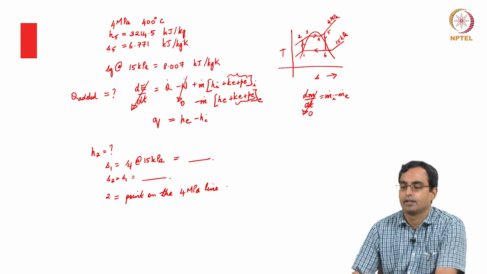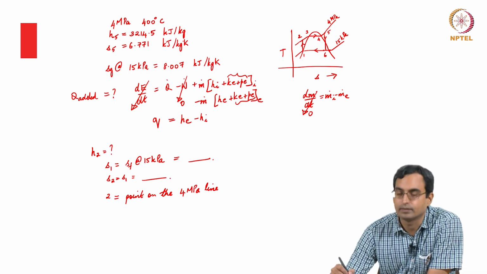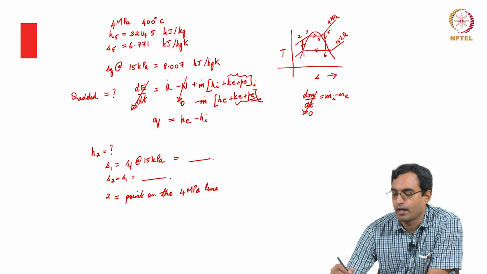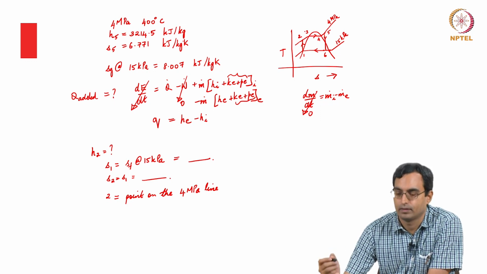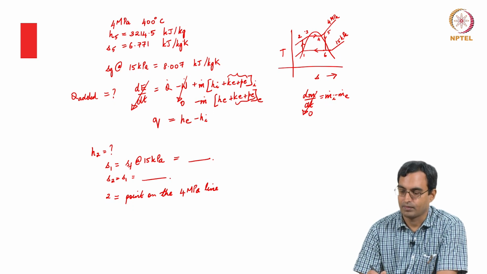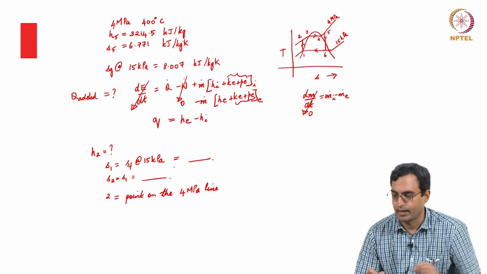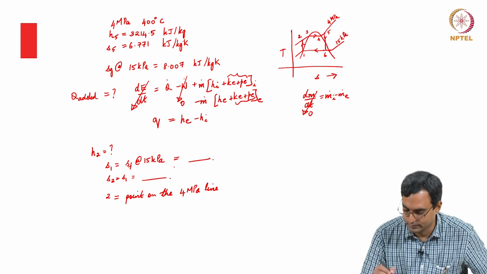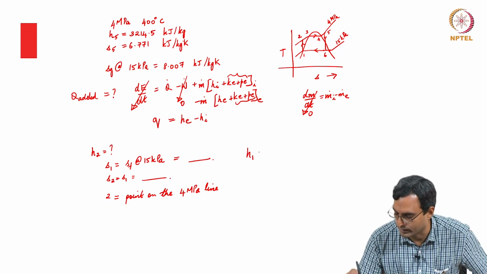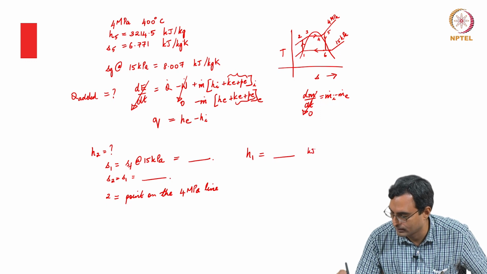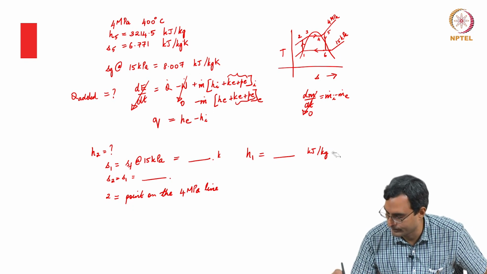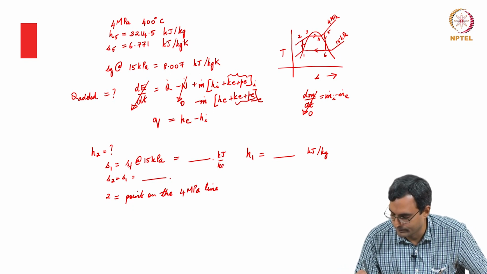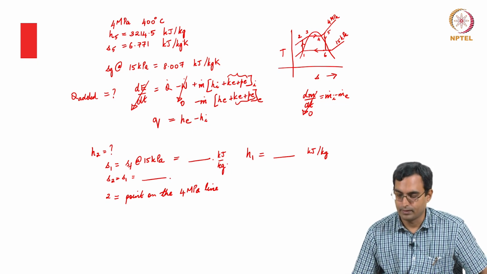The other way of finding it is that I know at point 1 what the enthalpy is. I know that I am doing work in 1 to 2. So, if I add the amount of work I do to the enthalpy at 1, I can find out the enthalpy at 2. Any of these ways I can try to find it. First let me find out the entropy and enthalpy at point 1. So, let me go back to the tables.